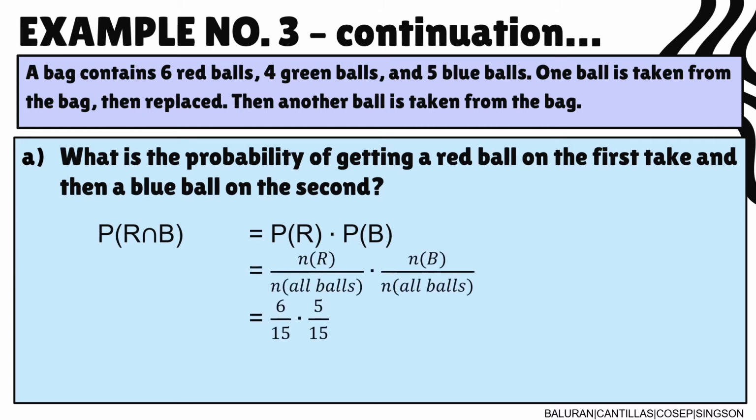That gives us 6 over 15, since the cardinality of R is equal to 6, and multiply that with 5 over 15, since the cardinality of blue is equal to 5, and the total number of balls is equal to 15. Then multiply the two probabilities and simplify. It gives us 2 over 15.